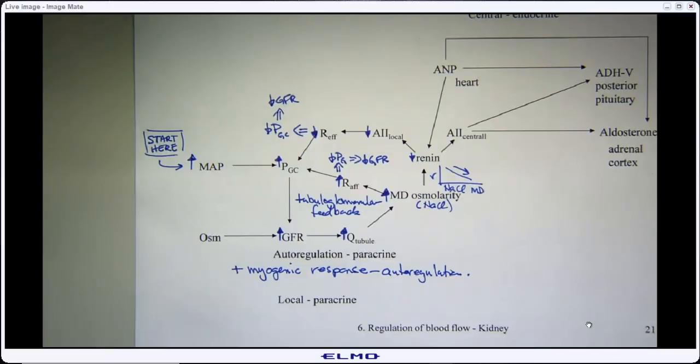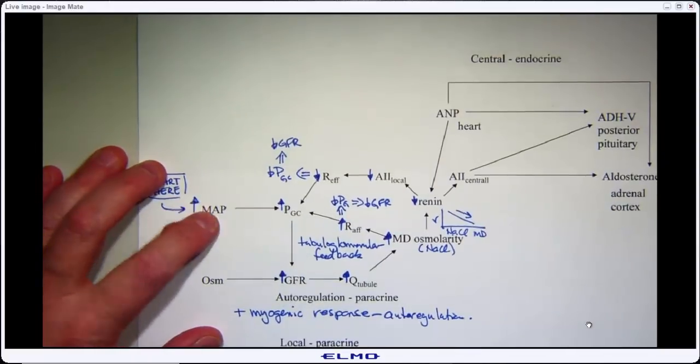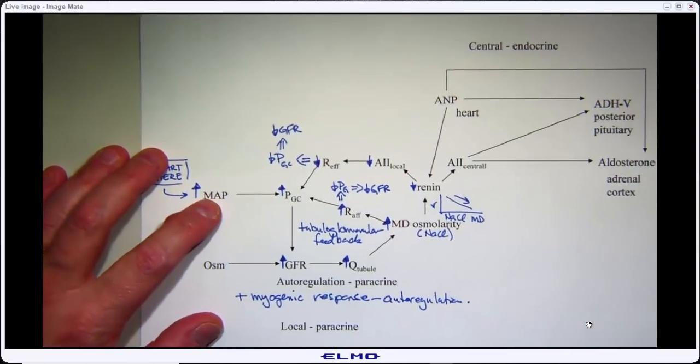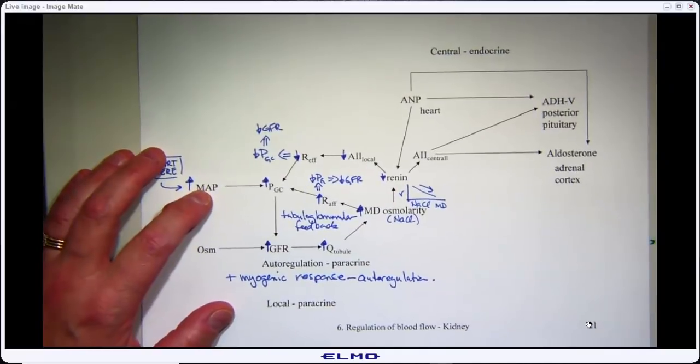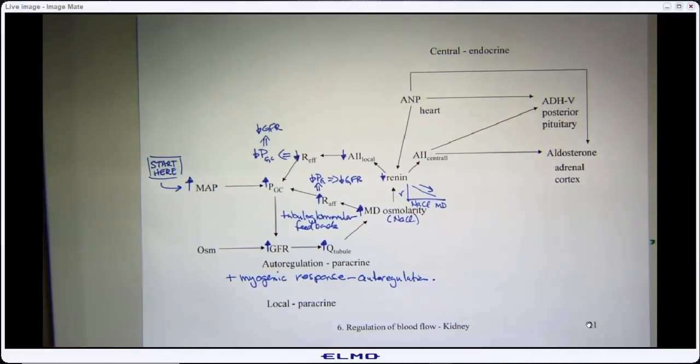So bring that idea forward here too. And you'll see what the kidney does is trying to keep GFR constant. That's what the kidney's job apparently is. Keep GFR constant, okay? But if we have a problem with mean arterial pressure, then we could use changes in GFR to help us out, right?